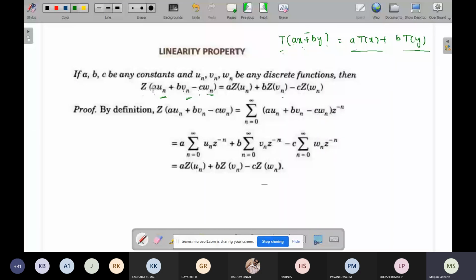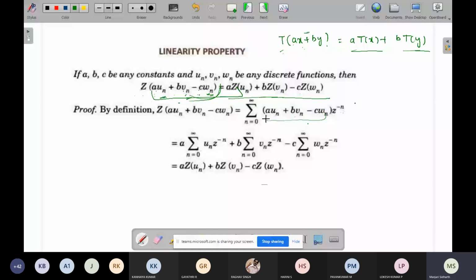So the z transform of a u_n plus b v_n minus c w_n is equal to this: take a outside and the z transform of u_n, b outside and the z transform of v_n, c outside and the z transform of w_n. If you want, you can prove it. Consider this as a complete sequence up to here, multiply z power minus n in each term.